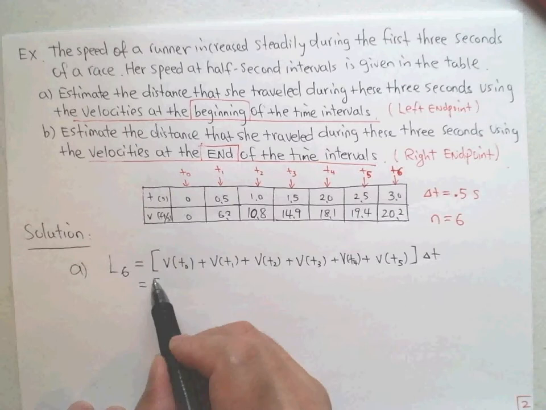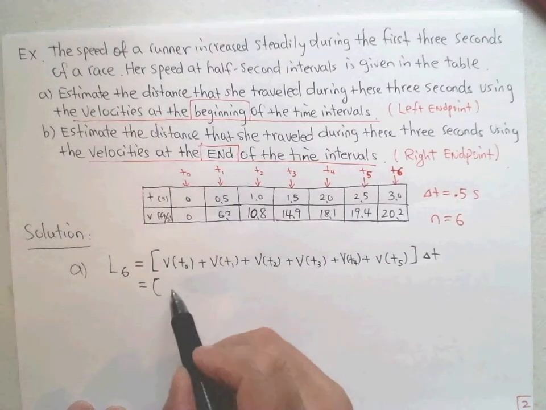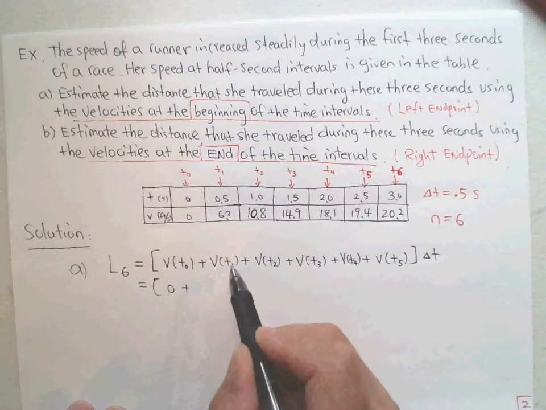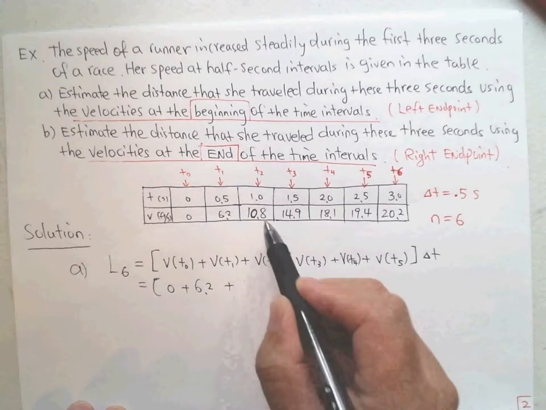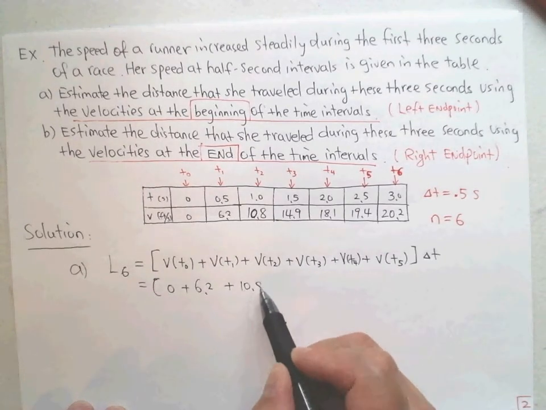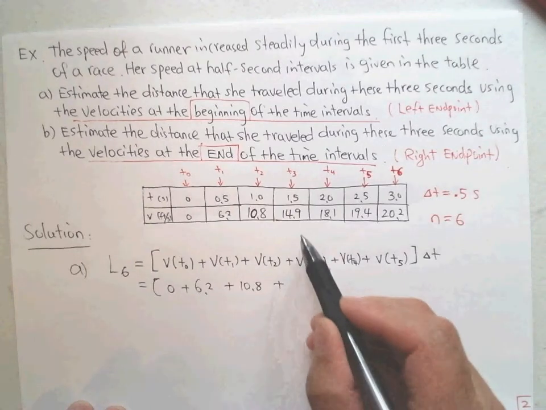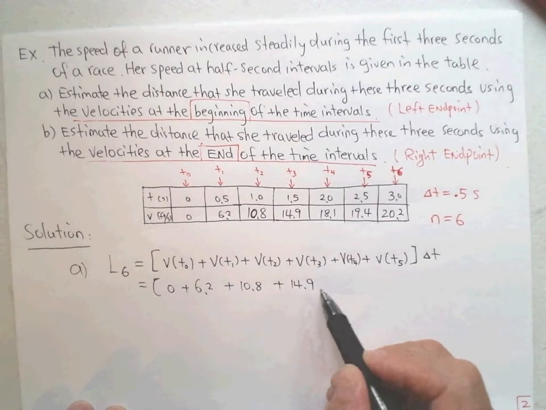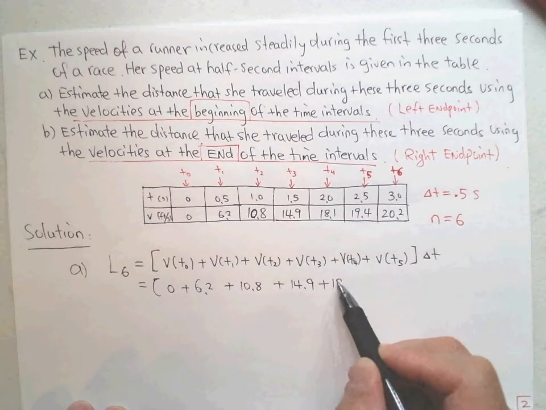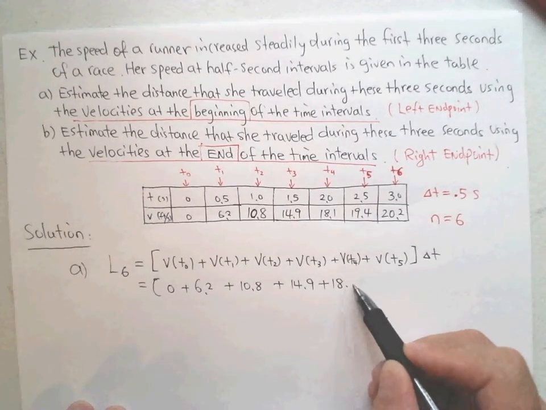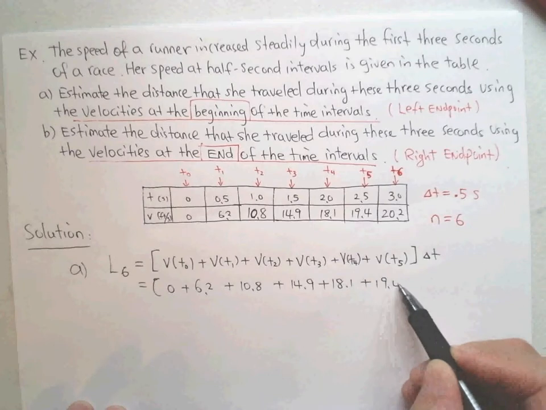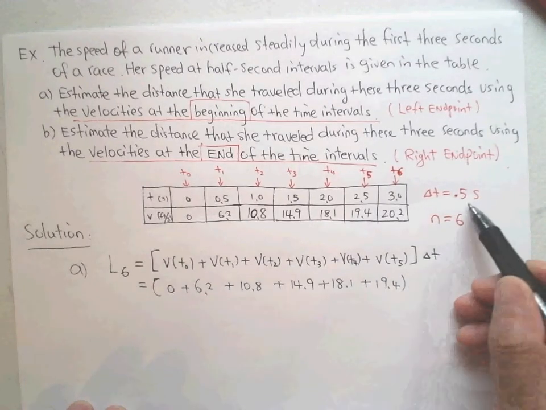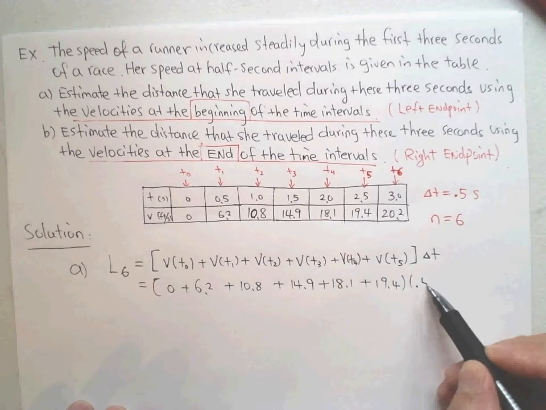See what we get. The first is 0, and this is 6.2. We just put it in one by one. So this is 10.8, 14.9, 18.1, 19.4. And delta t is 0.5, times 0.5.